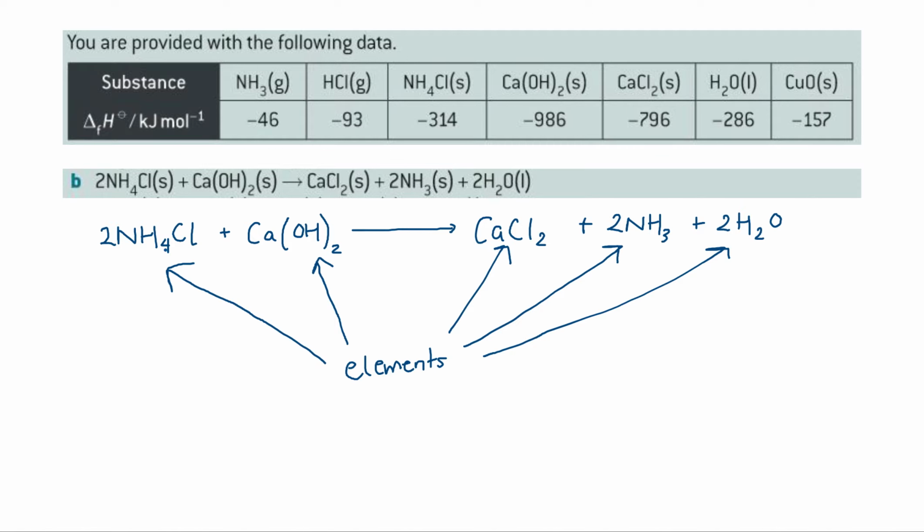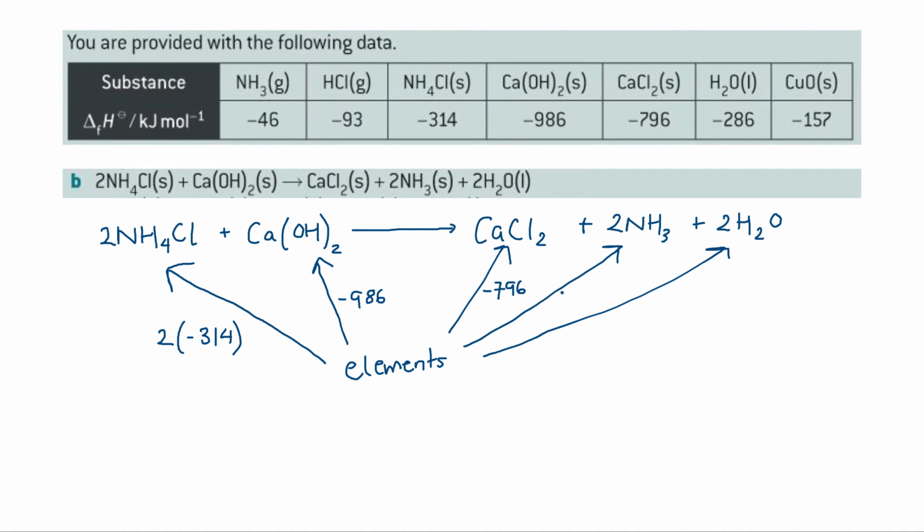So this one going from elements to ammonium chloride, it's 2 moles of ammonium chloride, so it's going to be 2 lots of minus 314. 1 mole of calcium hydroxide, so that's minus 986. Calcium chloride, 1 mole of that, so that's minus 796.